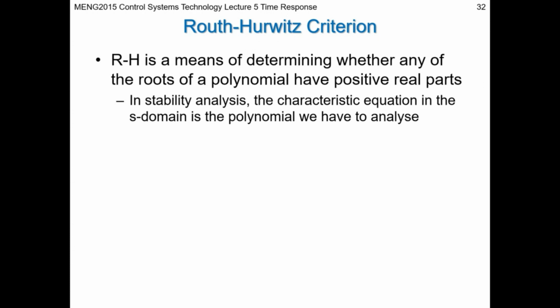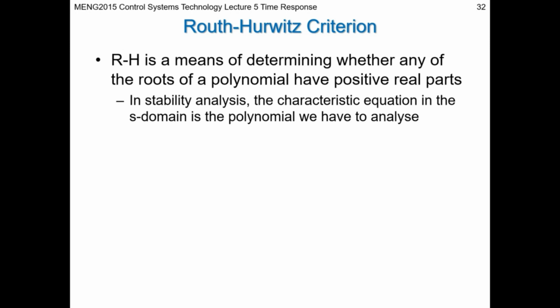So coming back to Routh-Hurwitz, it is a means of determining whether any of the roots of a polynomial have positive real parts. And in stability analysis, the characteristic equation in the s domain is the polynomial that we have to analyze, right? Routh-Hurwitz isn't just simply for controls. I think you could use it for other applications, but it's focused primarily on controls.